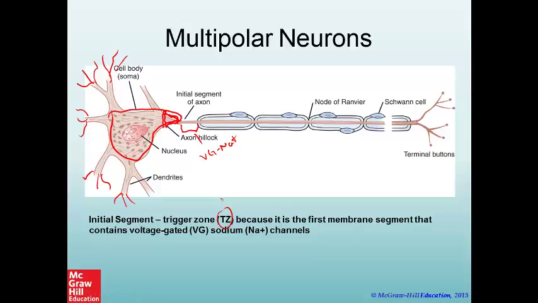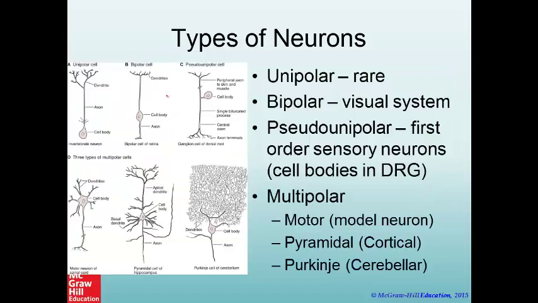The trigger zone, the definition, is basically the first membrane segment that contains voltage-gated sodium channels. So a depolarizing event anywhere over here gets transmitted towards the initial segment, and if it's above threshold, then those voltage-gated sodium channels open and you get an action potential.